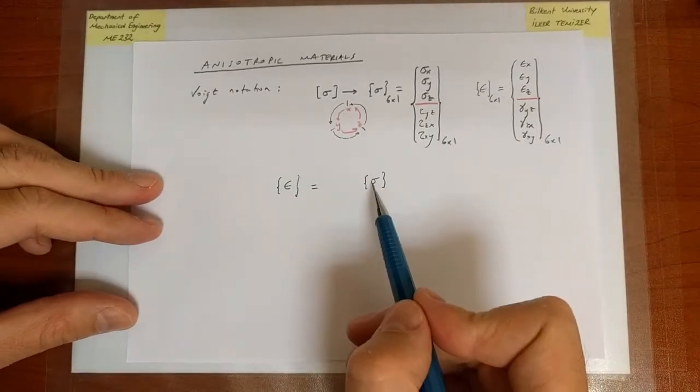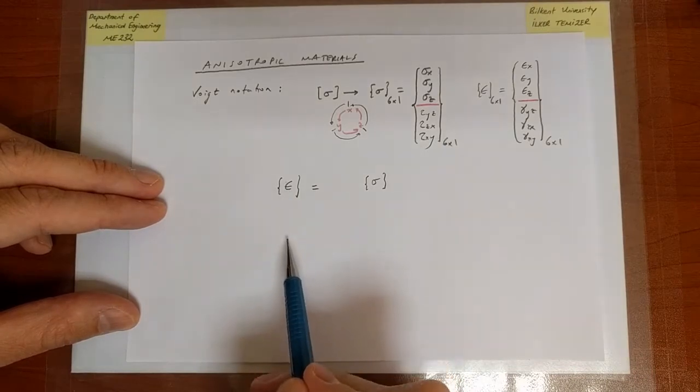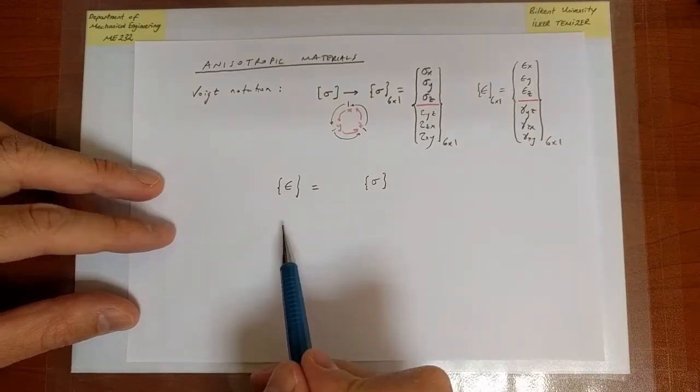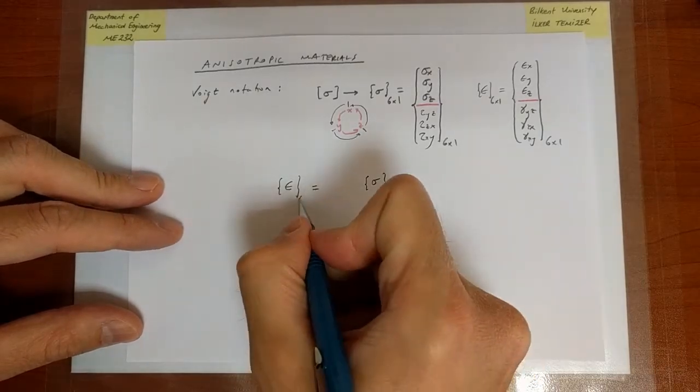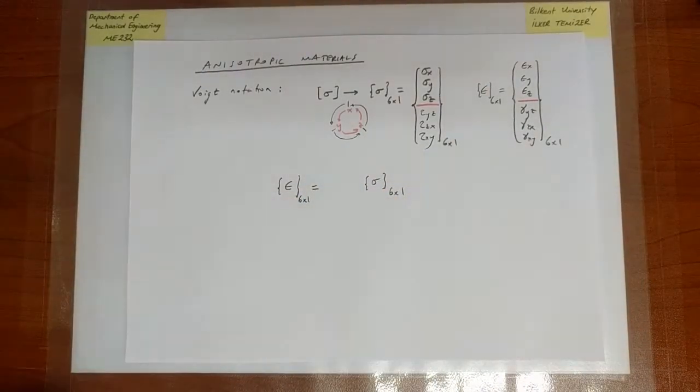I'm writing all the possible components of stress in there, all the possible components of strain. So now this is a 6 by 1 set of variables. This is another set of 6 by 1 variables. And I would like to figure out how these two are related to each other.